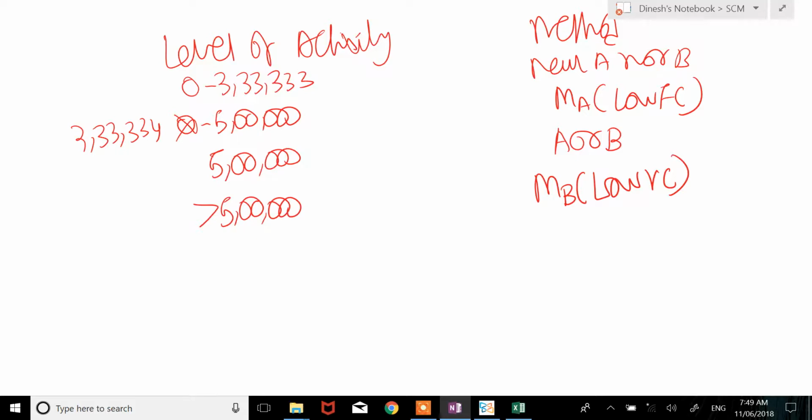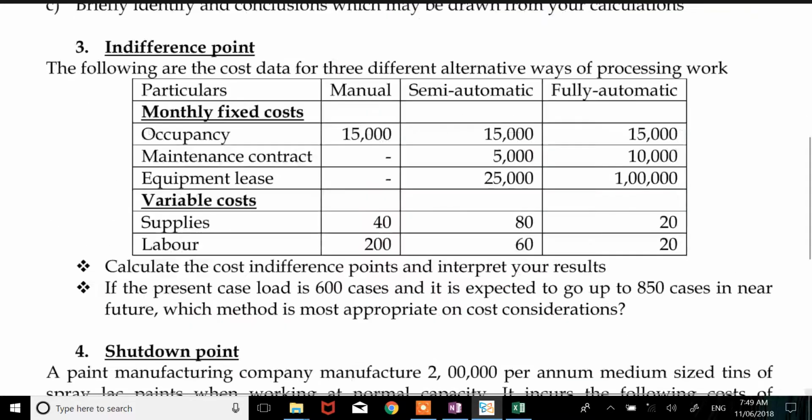Clear? Can you proceed? Any doubts on this? Go through the next question, question 3.